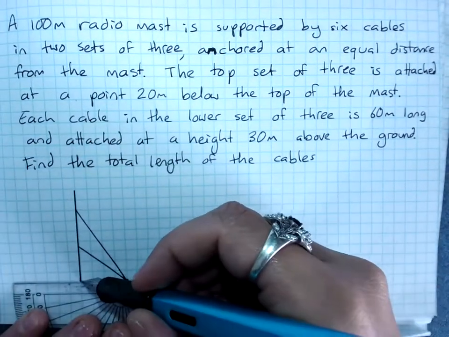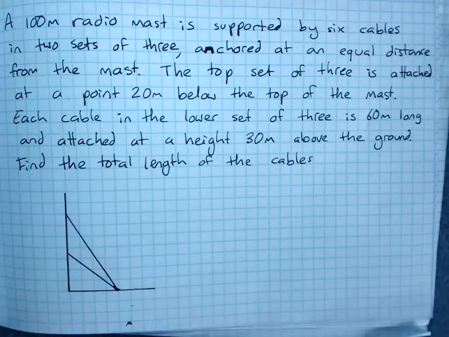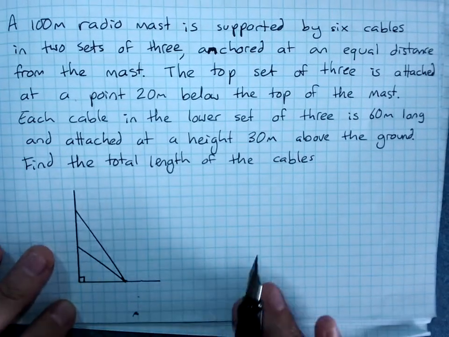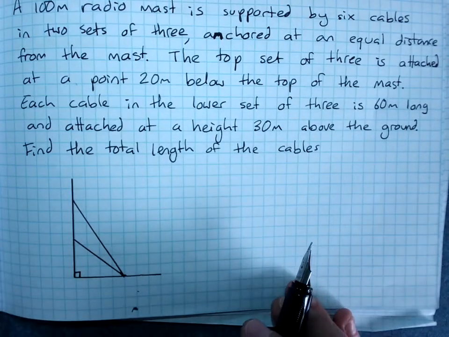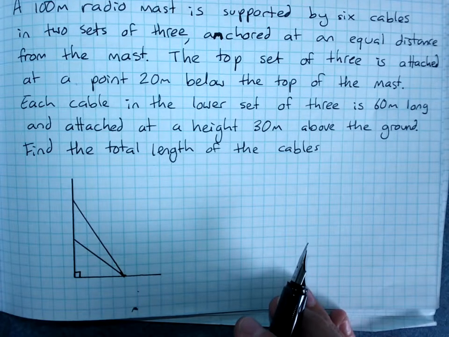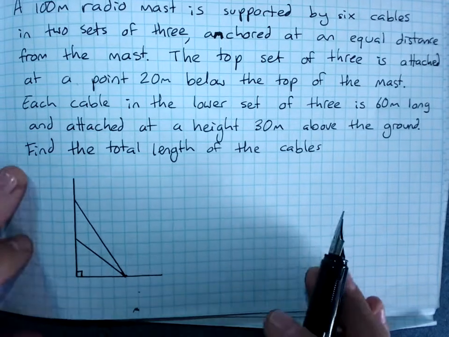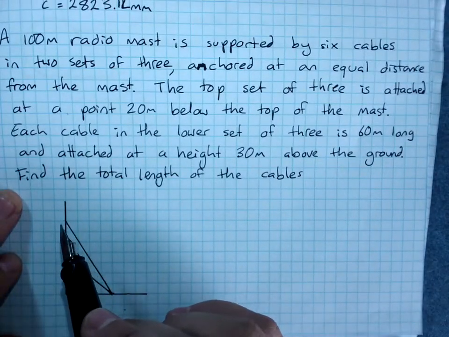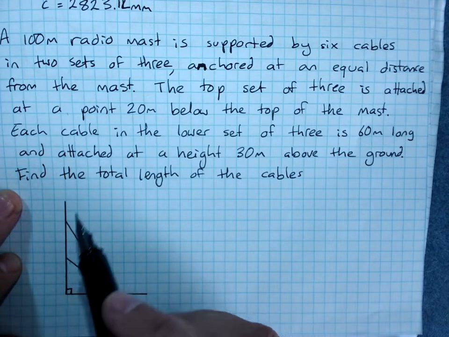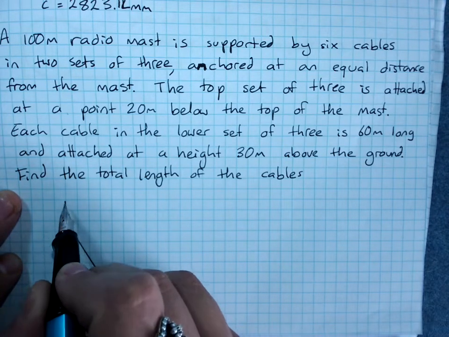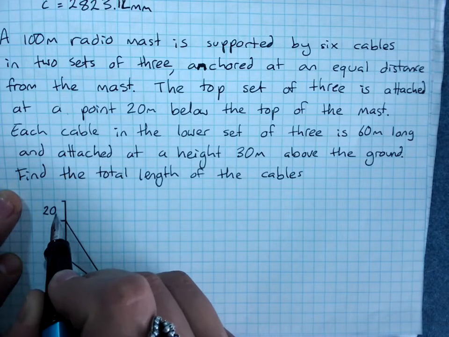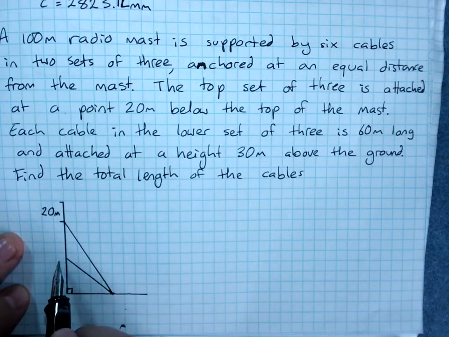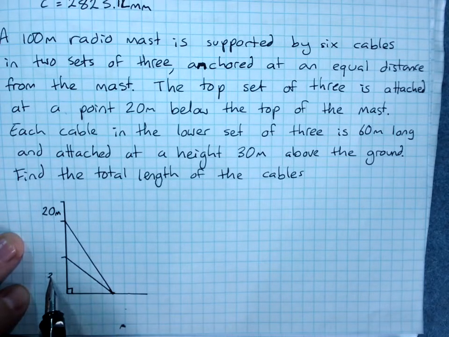Here is the ground. And of course, the mast and the ground make a right angle. Keep your diagram as minimalistic as you can. That's all I need, with, of course, some measurements. The top set is 20 meters below the top of the mast, and the bottom set is 30 meters above the ground.